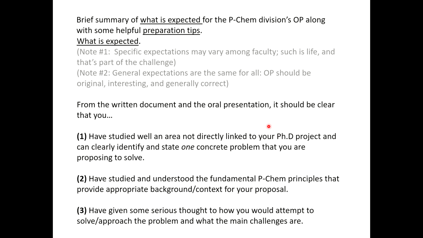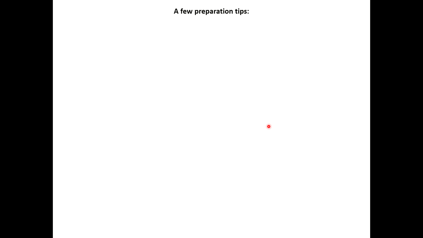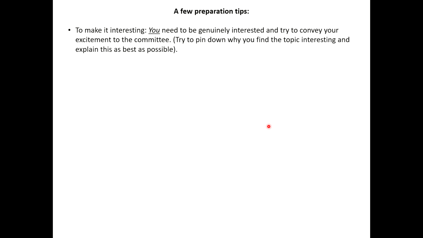And now I have a slide here on some tips. The first one that I wanted to tell you is you need to be genuinely interested and try to convey your excitement to the committee. And I swear I had not seen Suzanne's list, and that's also her first point here. Choose a topic that interests and excites you. I really think that's the most important one.